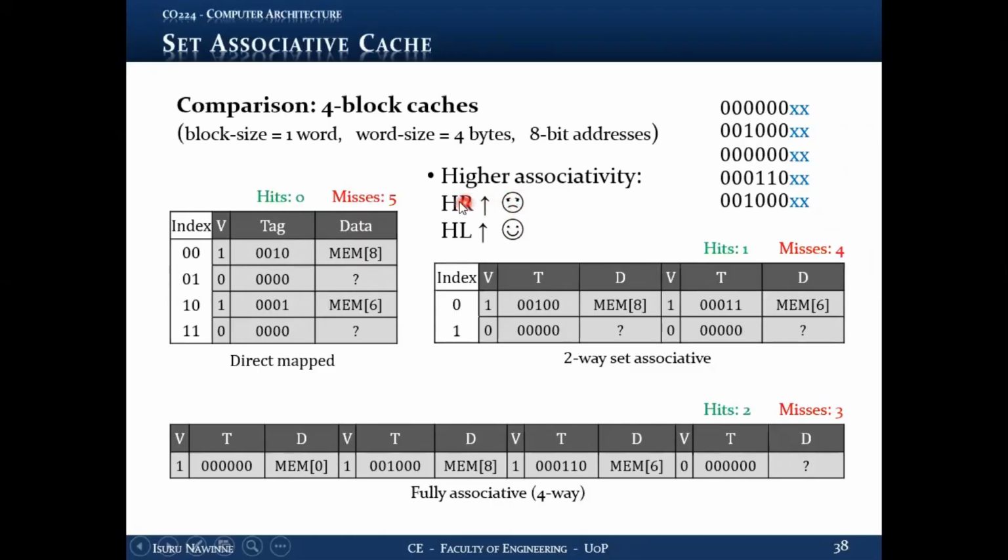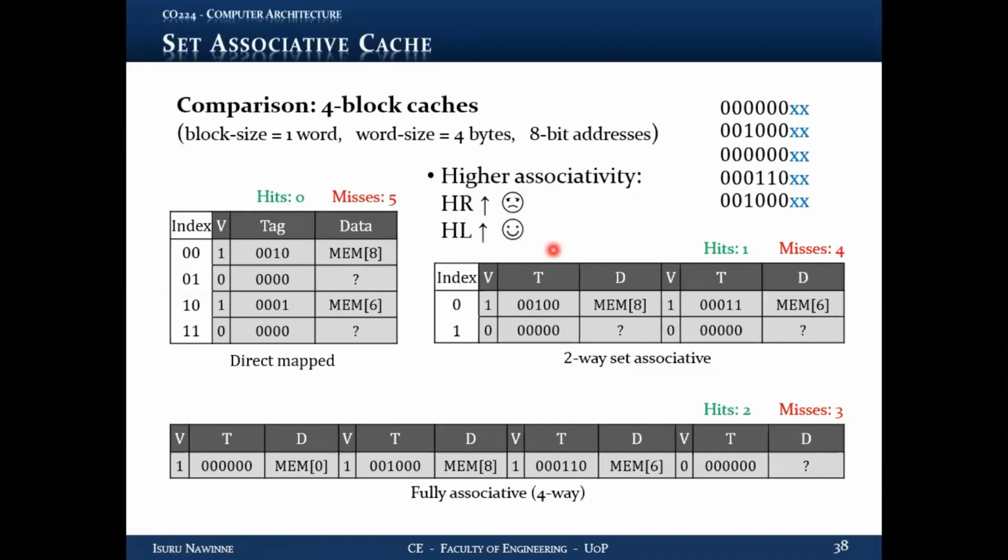So you don't have to frown. Better hit rate, we like it, and hit latency is going to increase as well, as we saw with the implementation of the associativity concept in the cache. You have more hardware, more latencies, and hit latency is going to obviously increase, which we don't like, so you had to frown for that.